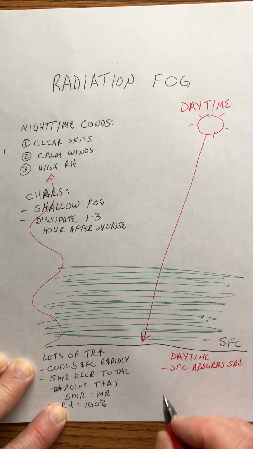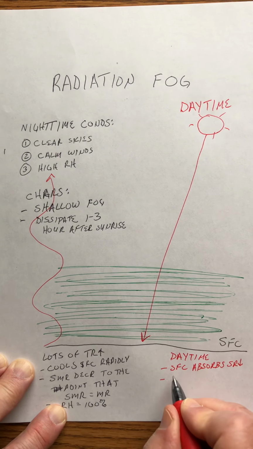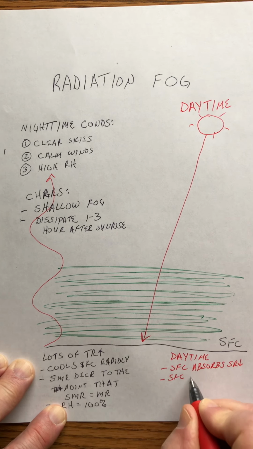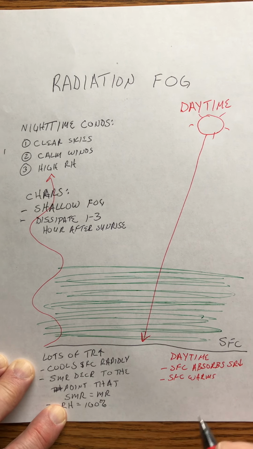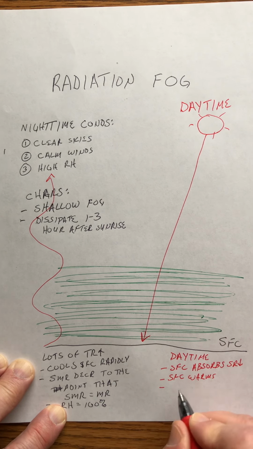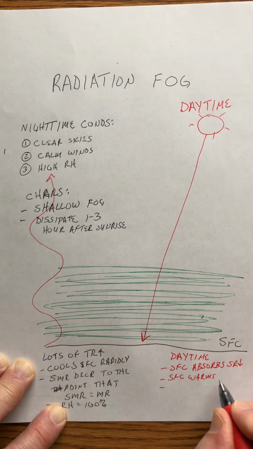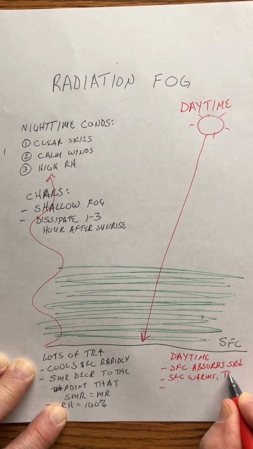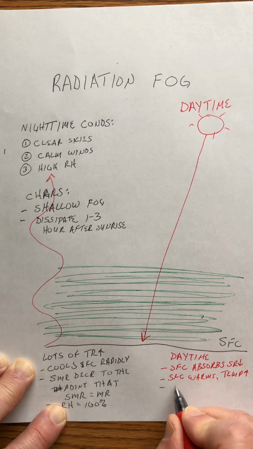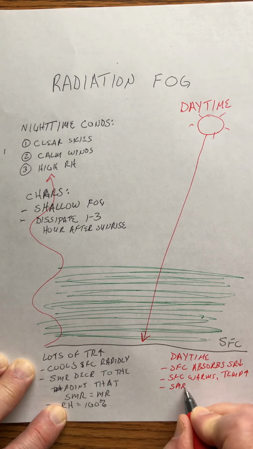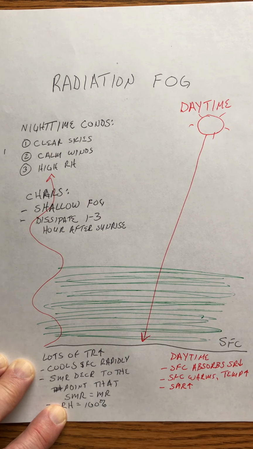And when the surface absorbs that incoming solar radiation, the surface is going to warm. And when the surface warms, that's going to increase the temperature of the Earth's surface. So the air temperature is going to increase. And when the temperature increases, the saturation mixing ratio increases.